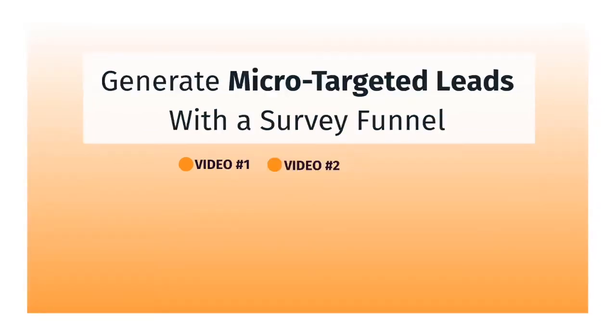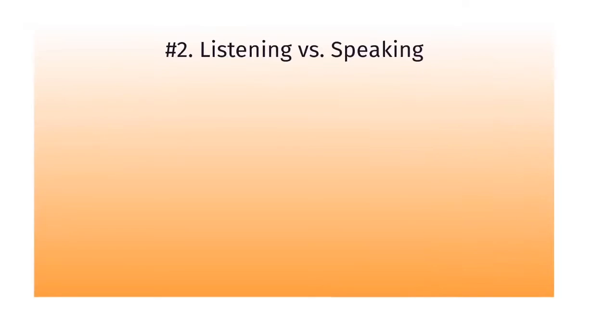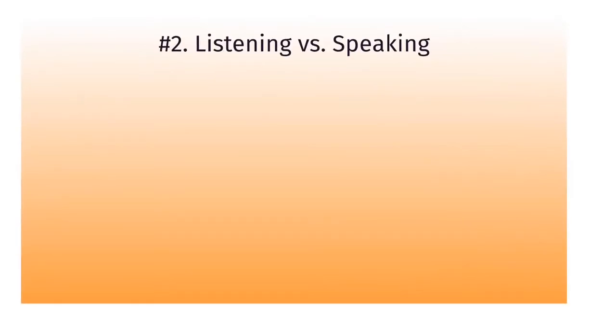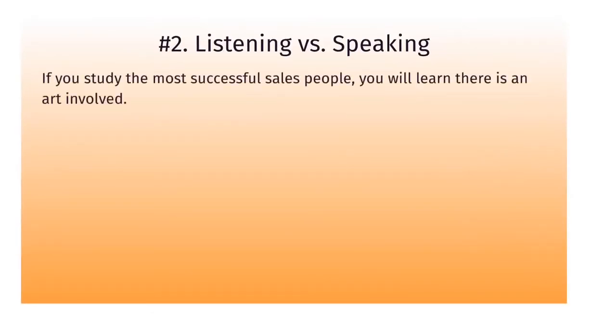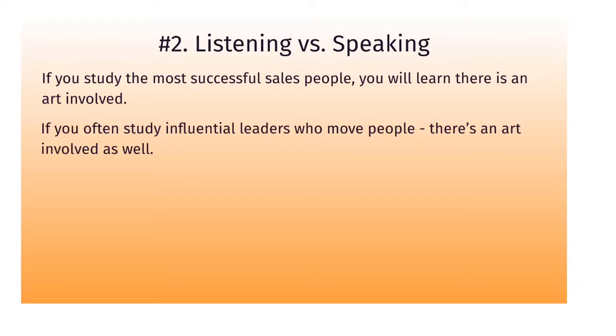Hello and welcome back. This is video number 2. We're going to talk about listening versus speaking. Now, if you study the most successful salespeople, you will learn that there is an art involved. And if you often study, for example, influential leaders who move people and have people following them, there's an art involved as well. So if you think about leaders, there's several different types of leaders.